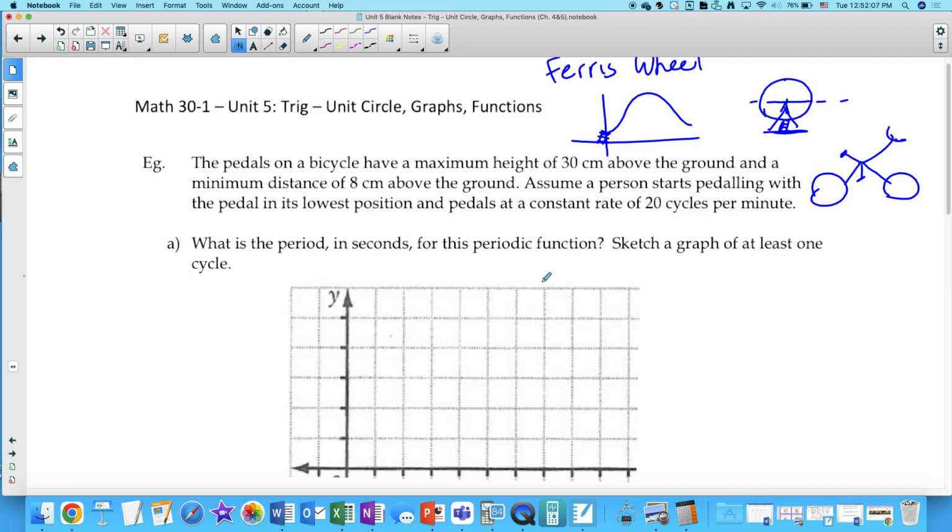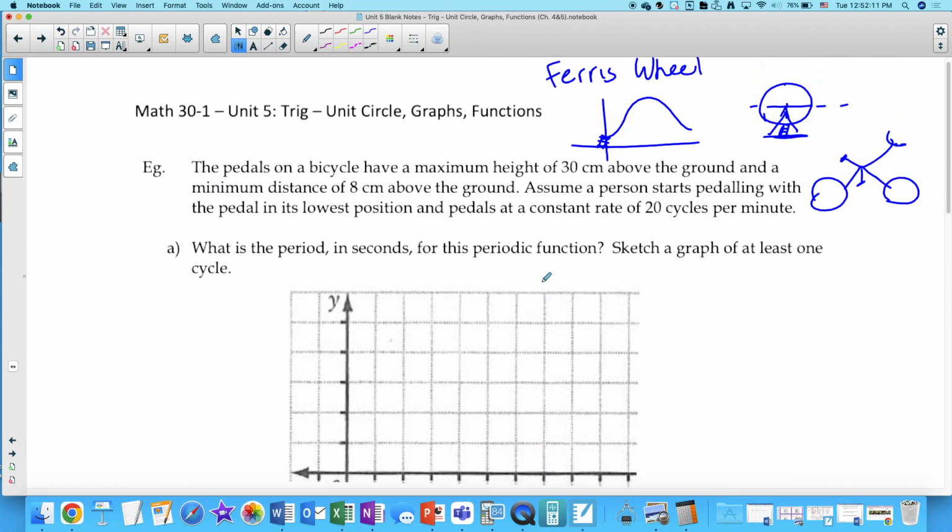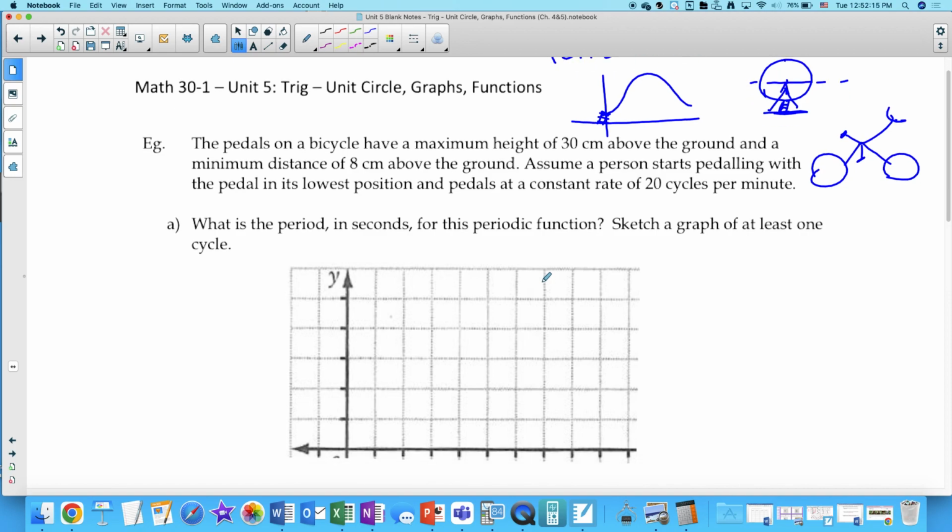Some things that I like to do when working with these types of problems: firstly, we're told about the minimum and the maximum, so let's put those in there. I've got 6 squares to do 30 centimeters, so I'll make each square worth 5. If this is at 30 centimeters, this would be at 10, this would be at 20.